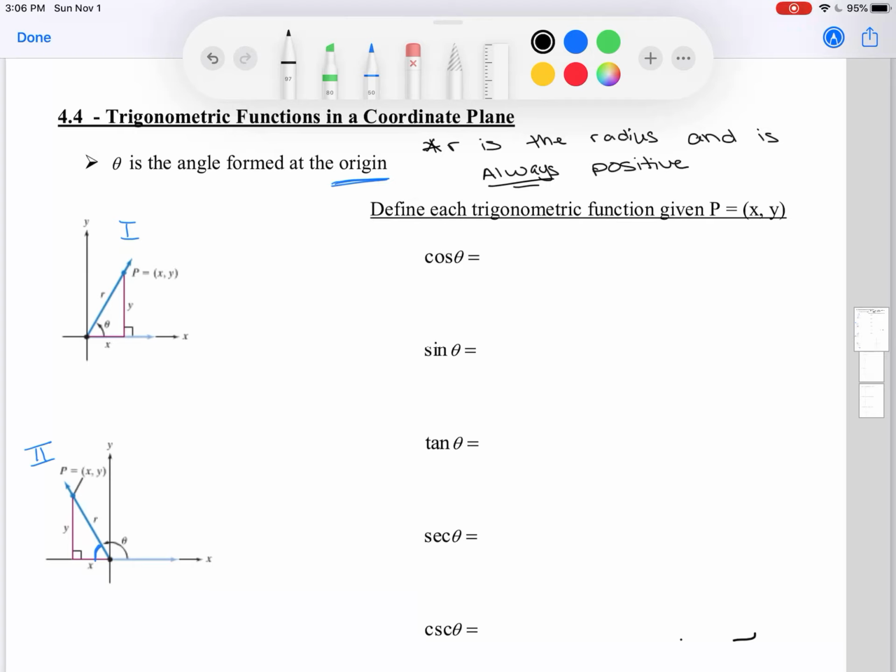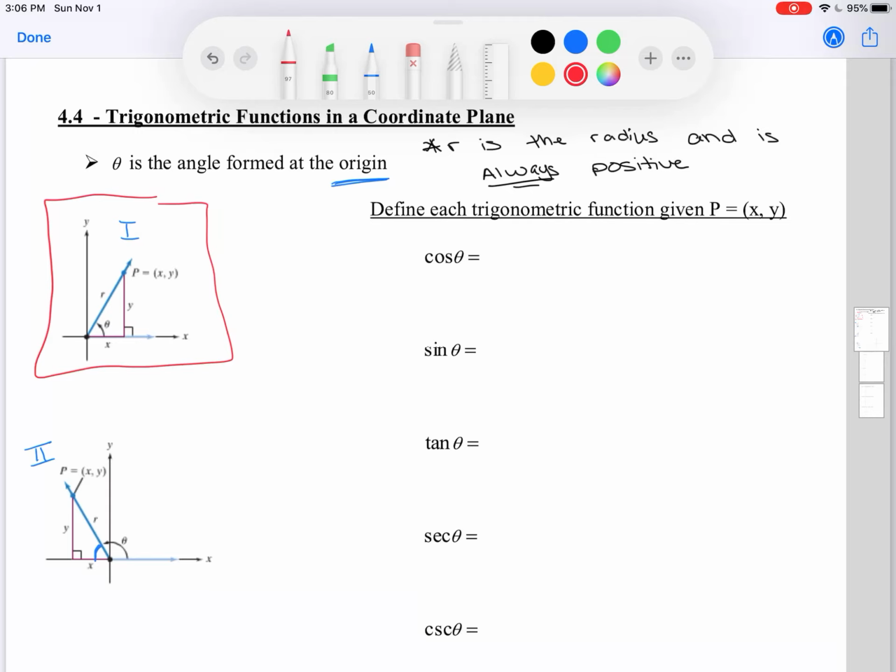And since r is representing basically your hypotenuse in every single situation, we always want to make note that it is always positive. Again, my x can be negative in some cases, depending on which quadrant we're talking about. Your y can also be negative in some situations, but your r, your radius, is always going to remain positive.